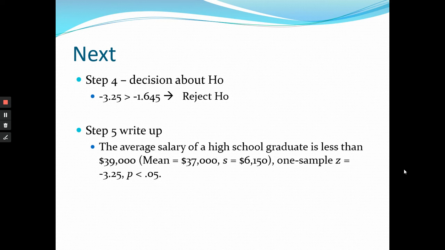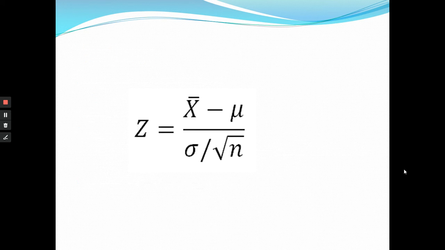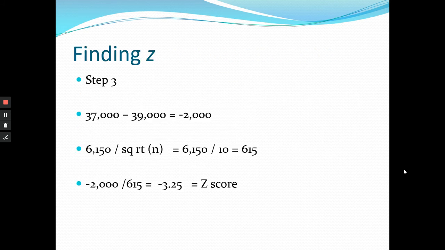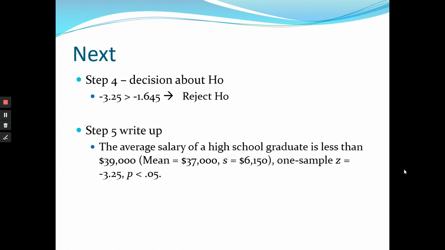So we just say in words what we found. The average salary of a high school graduate was less than 39,000. Well, for our sample, what was the mean? What was the standard deviation? Then we put a comma, and then we say our statistical stuff. So our one sample z equaled negative 3.25. That's what we calculated. Remember? Our z that we calculated was negative 3.25, so we say that. One sample z equals negative 3.25.